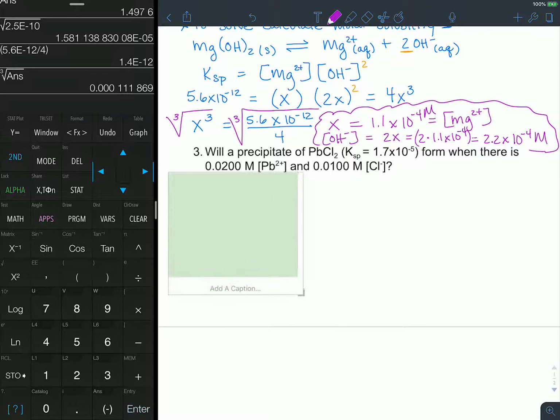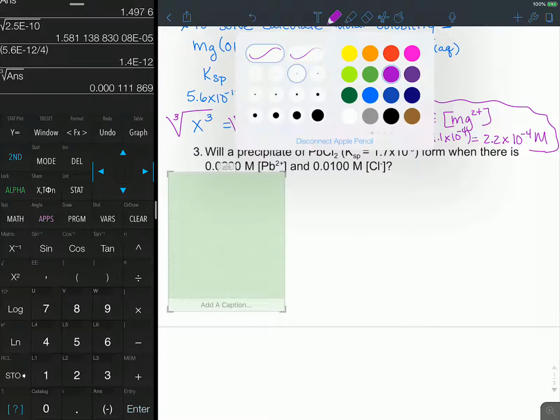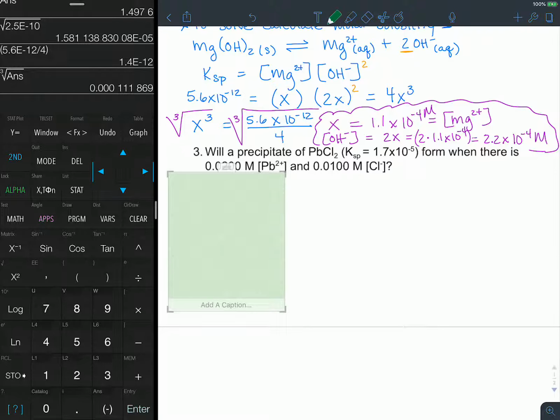So with this, we need to know that QSP is what we call the reaction quotient. It is KSP not at equilibrium, or we don't know if it's at equilibrium.